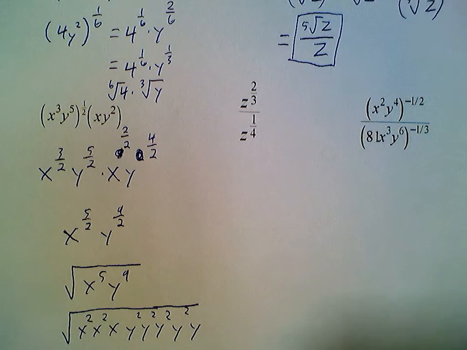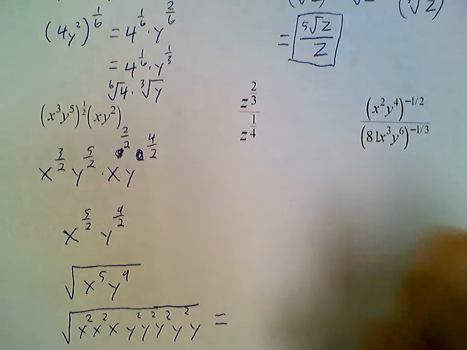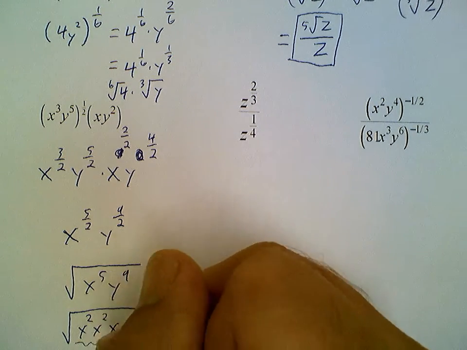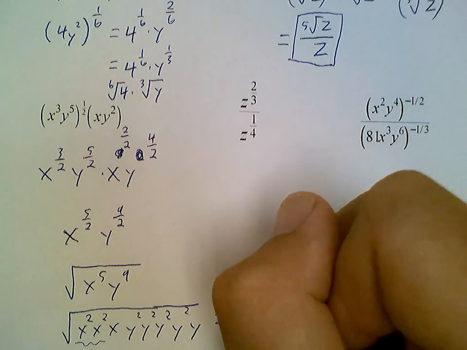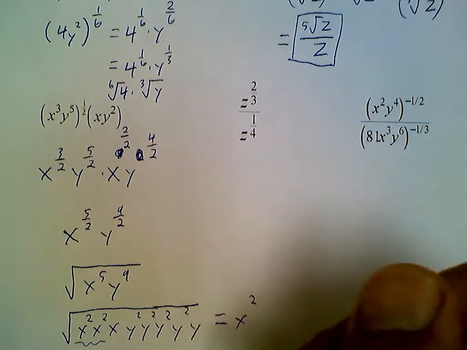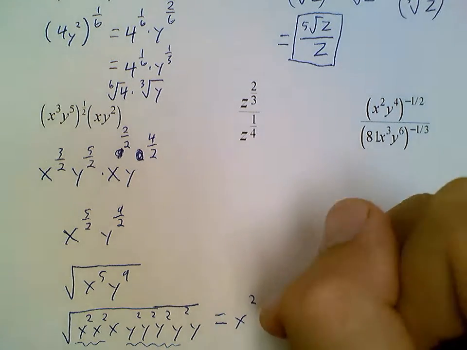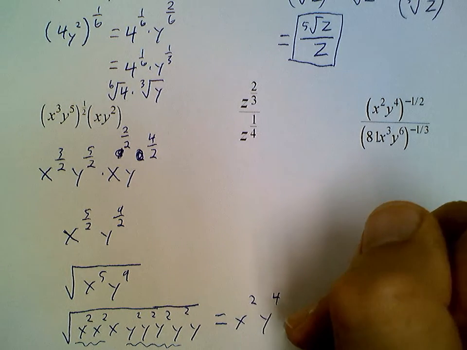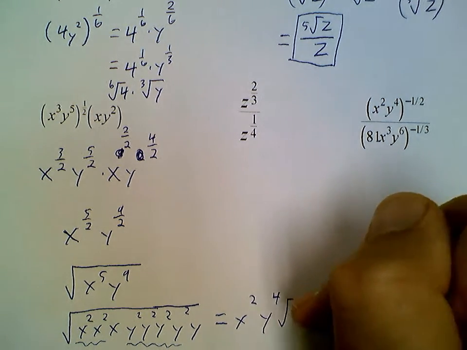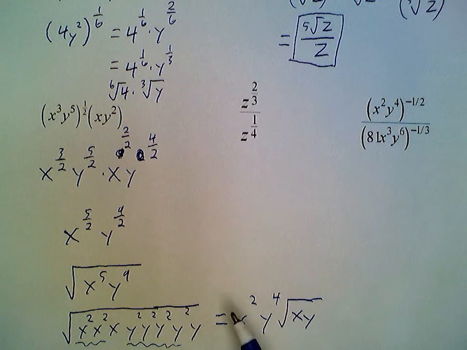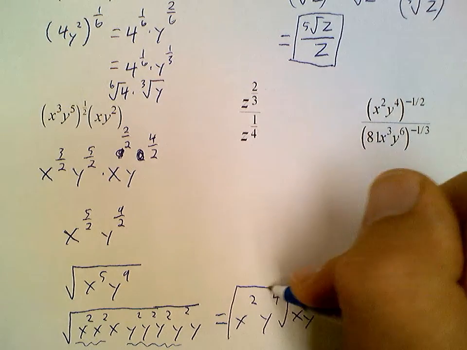So what you could finally finish off with is you can take out 2 groups of perfect x squares, so you have x squared on the outside. You can take out 4 groups of perfect y squares, so you have y to the 4th on the outside, and then left over on the inside you've got 1 x and 1 y that didn't have anybody to partner with, so they are unfortunately trapped still on the inside of the square root.